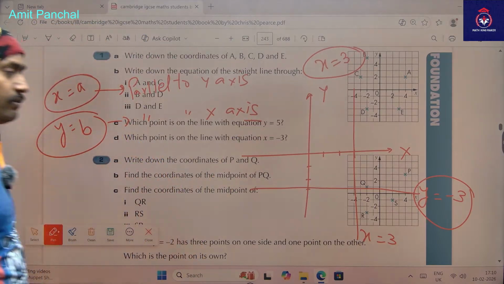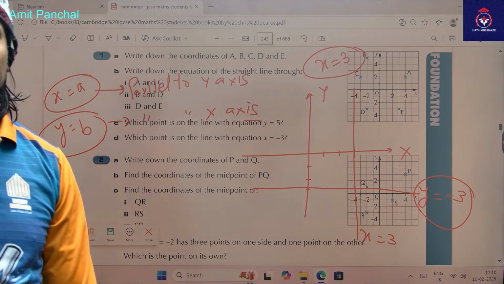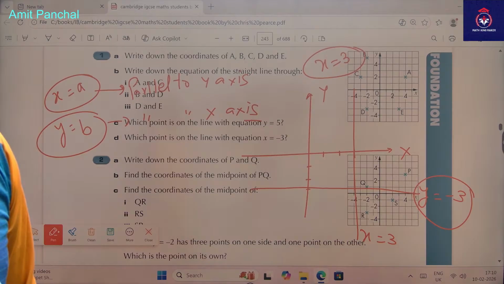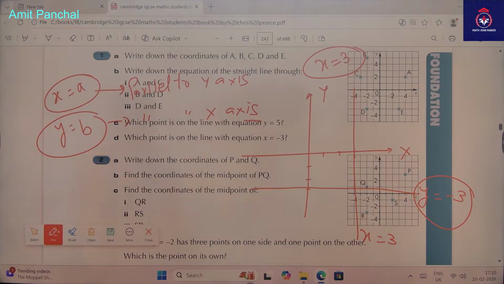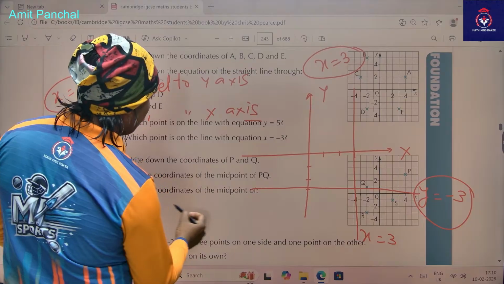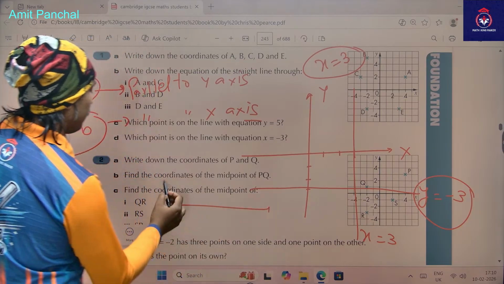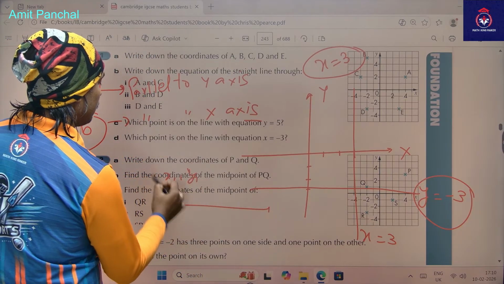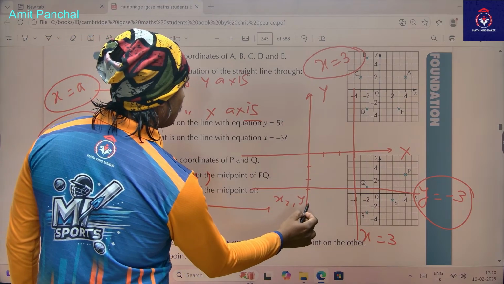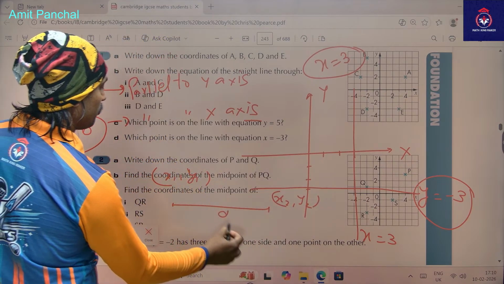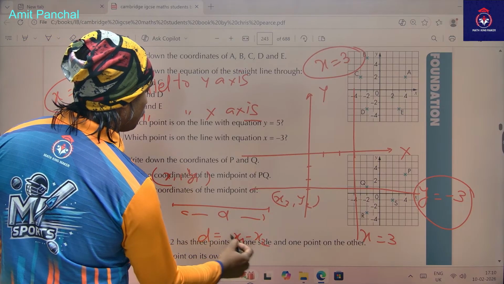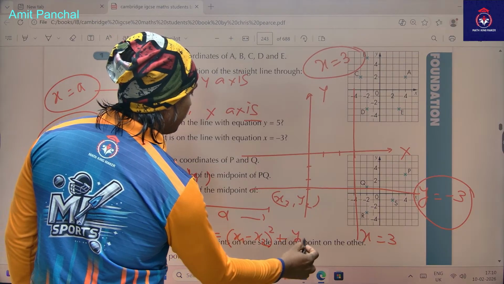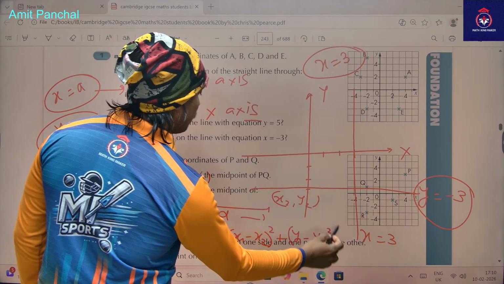Sir, what about the length of the line? What's the formula for that? There's a formula, right? Yeah, okay. So distance between 2 points, if it is x1 y1 and this is x2 y2, the distance between these 2 points will be given as x1 minus x2 whole square plus y1 minus y2 whole square and its square root.